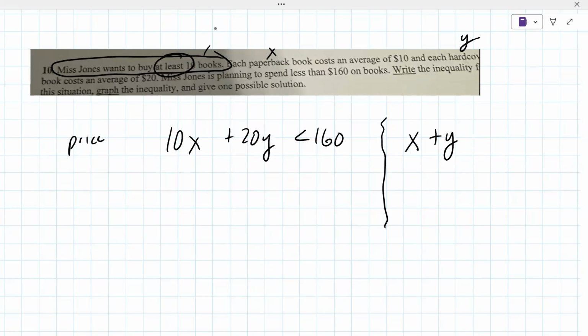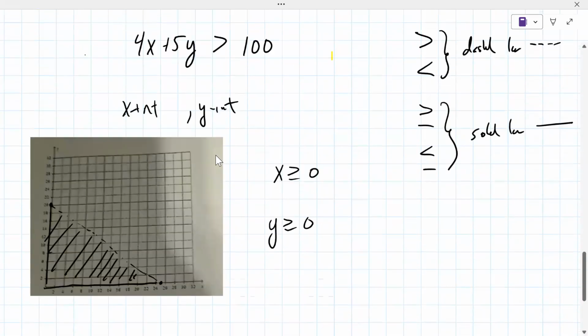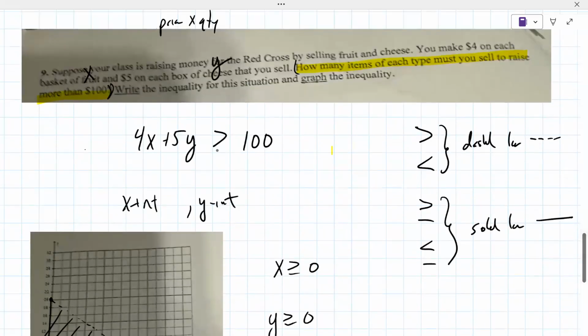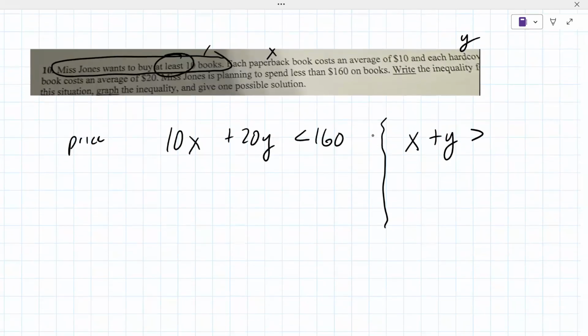It's at least though. Oh no, it'd be greater than or equal to. Yeah, so we need at least, at most, there's a few other wordings, greater, more, less, and so on. All right. Okay. So when we're graphing, we have to graph both of these this time.